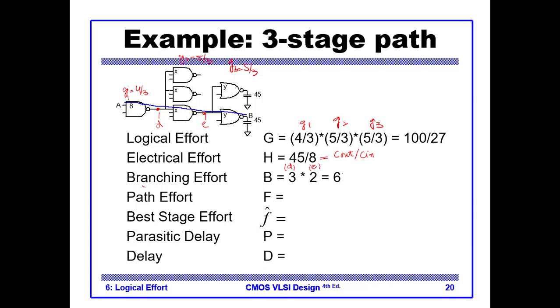So the overall branching factor is 6. The path effort, capital F, is G cross B cross H, which is 125.